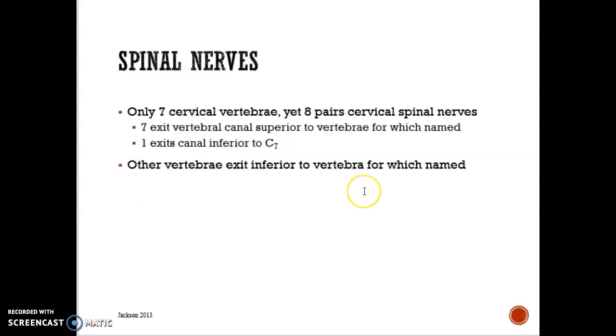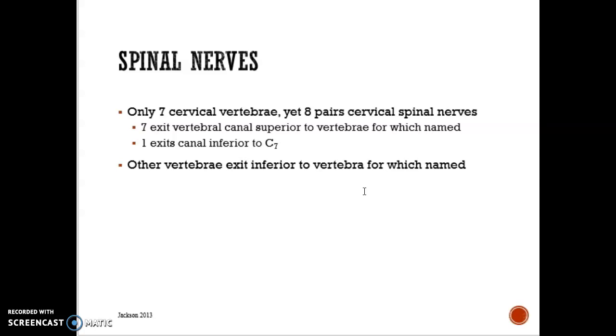There is a reason. There's only 7 cervical vertebrae, but 8 cervical spinal nerves, because 7 exit superior to the vertebrae for which they're named, and 1 exits inferior to the last vertebrae in the cervical section, or the 7th. So if you count that up, of course, 7 above and 1 below, that's going to be 8 cervical spinal nerves.